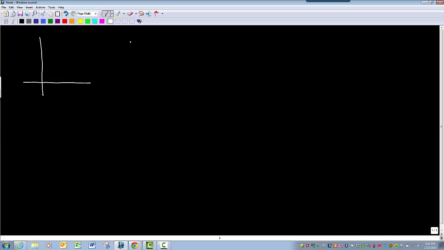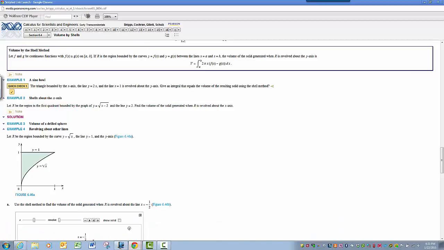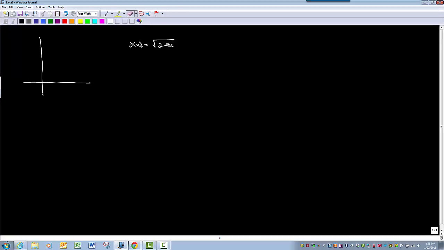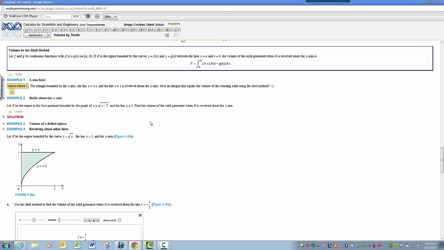So we had one line, I'll call it f of x, is equal to the square root of, I believe, 2 minus x. Let me go back and check. I'm sorry, x minus 2. And then another line, we'll call it g of x. It's irrelevant. But that'll be the line at a height of 2.